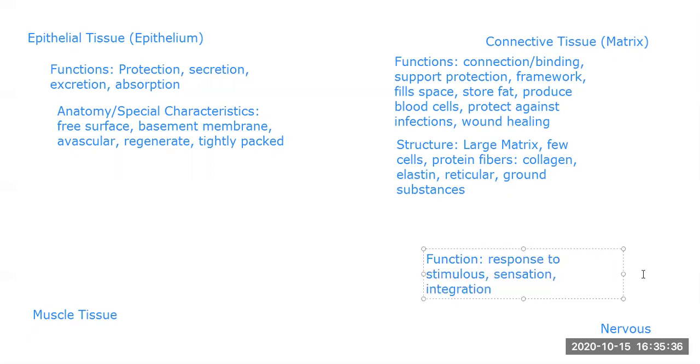So basically, you have nerves that pick up sensory stimuli. These can be things like your five senses that you're used to hearing about, like taste or smell or vision. But in reality, we actually have way more than five senses.